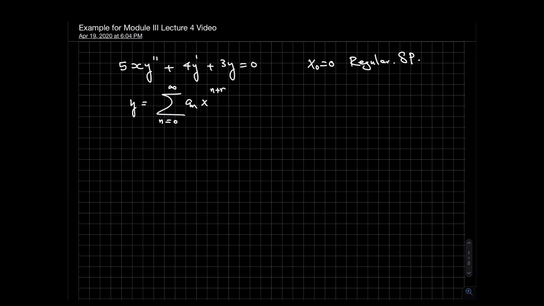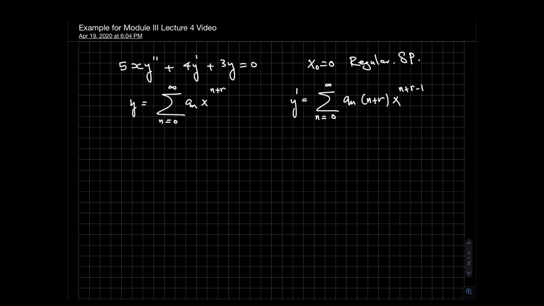Now, let's take the appropriate derivatives of this. So my y prime will be the summation of a_n (n plus r) x to the n plus r minus 1, and then n goes from 0, not 1. Now this time you can't just up the index because now it does make a difference.